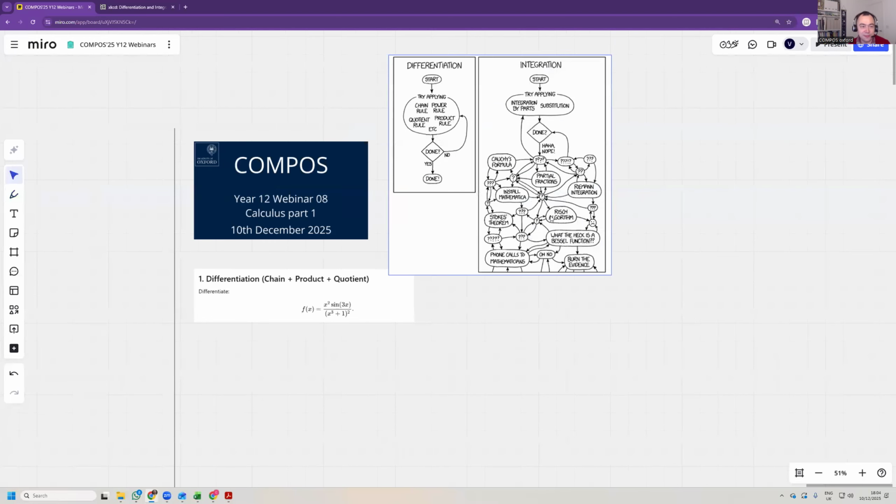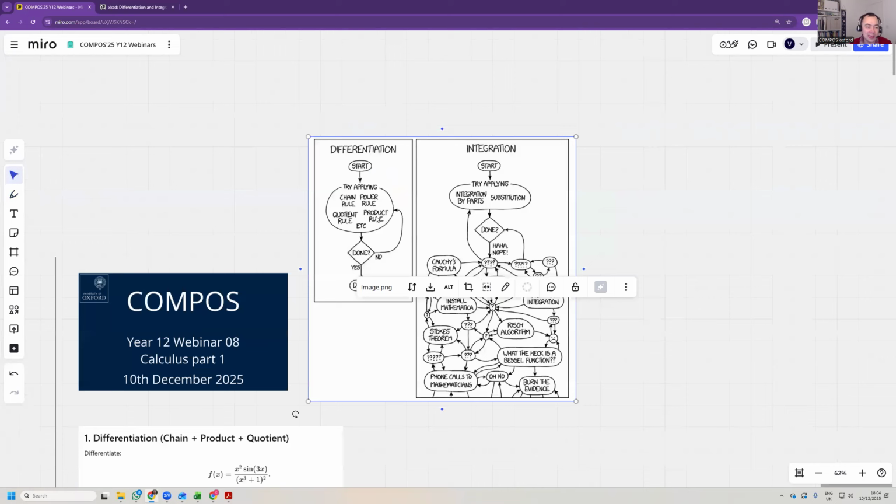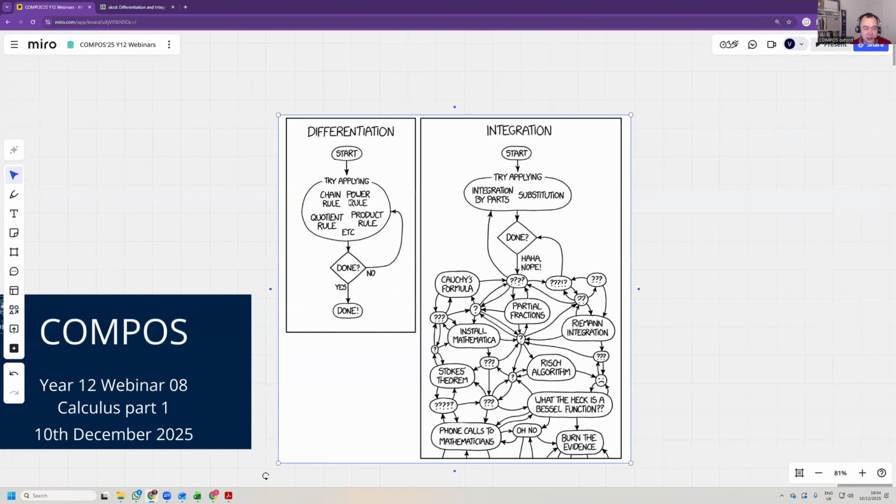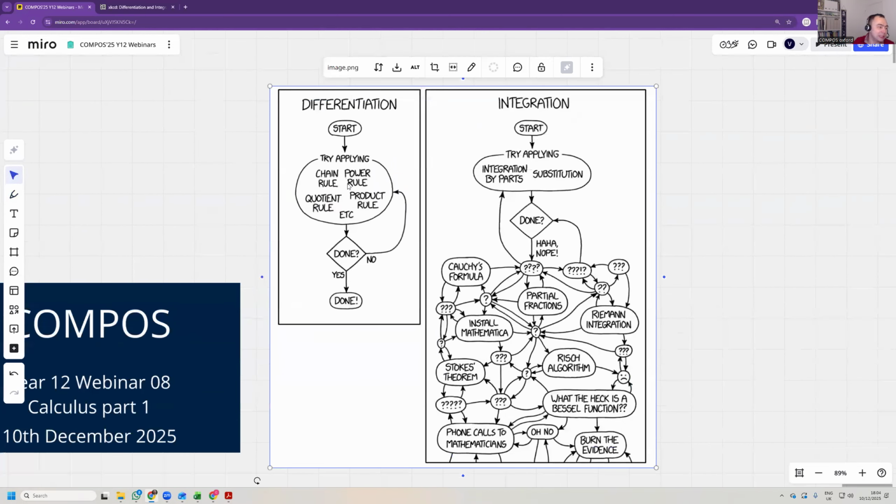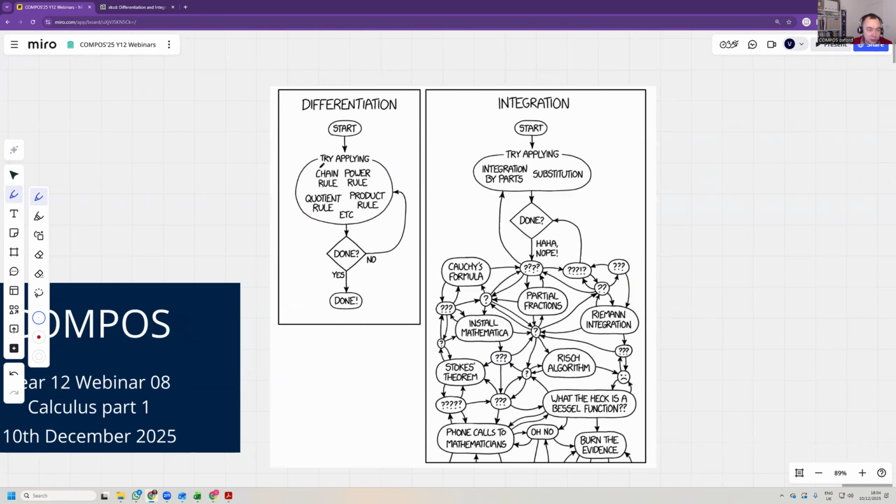In calculus, we differentiate and we integrate. Differentiation is a very straightforward process. You only need 3 rules, which is the chain rule, the quotient rule, and the product rule. The power rule is x to the power n, so I don't use it as a separate rule. Integration is infinitely harder.